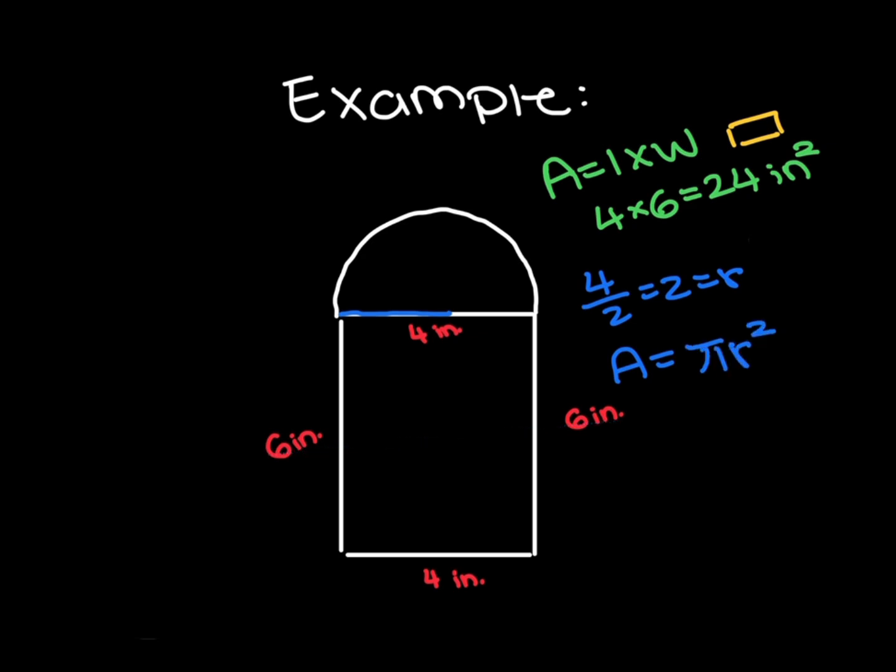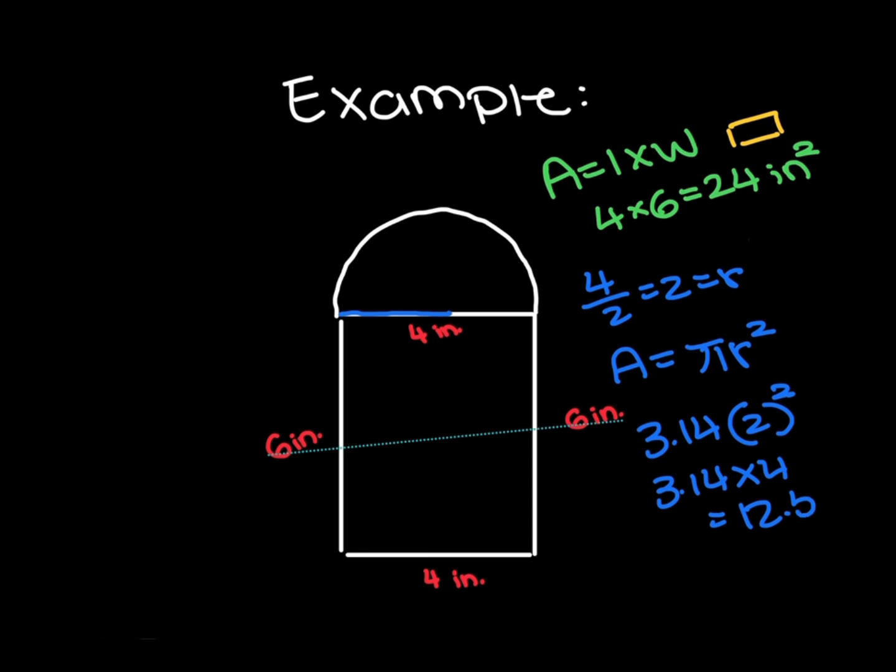R being the radius, pi meaning 3.14. So we do 3.14 times 2 squared. And 2 squared is 4. So 3.14 times 4 gets us 12.56 inches squared. So that is the area of a full circle.